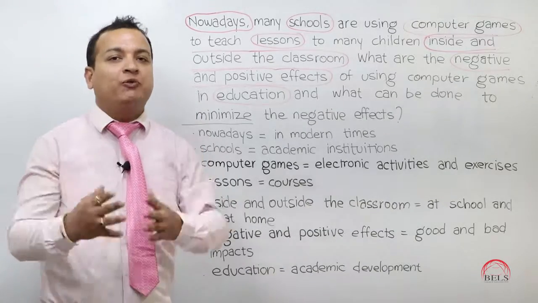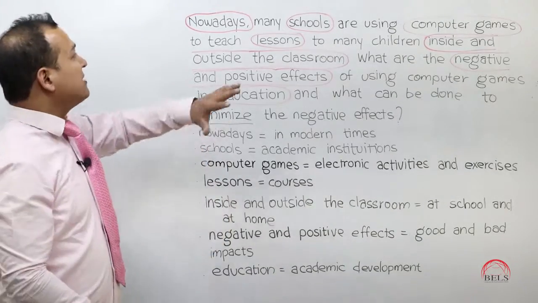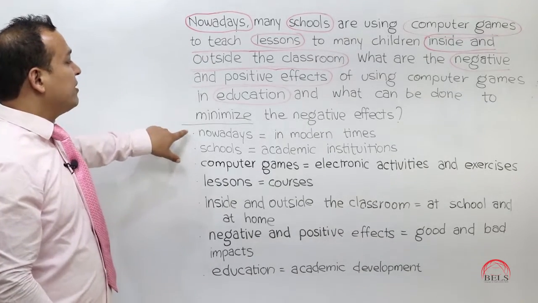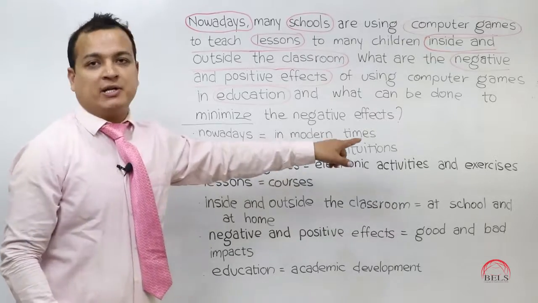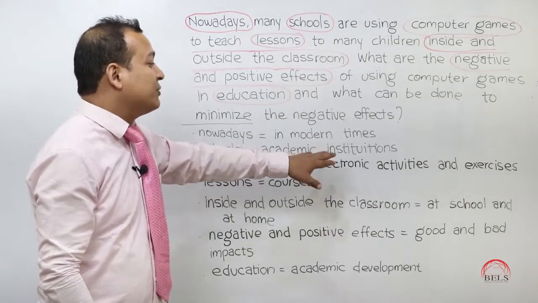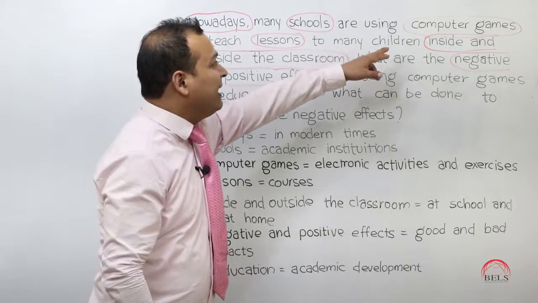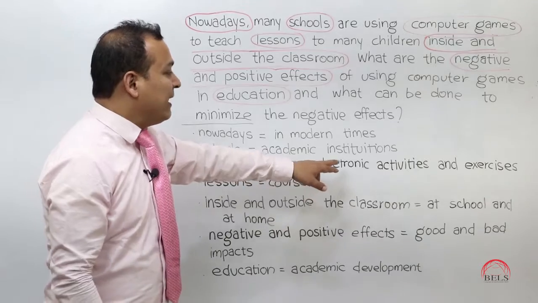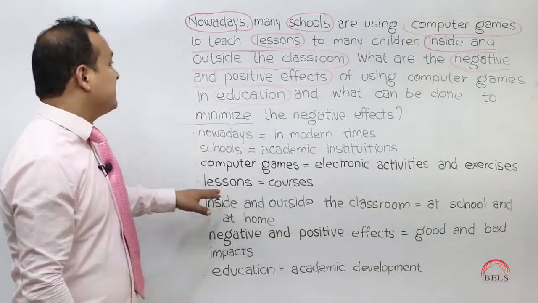Let's discuss now. Use of synonyms. First, we are going to circle the words like nowadays. I'm going to convert the word nowadays to modern time. Second is schools. I'm converting that to academic institutions. Number 3 is computer games. Computer games, I'm converting to electronic activities and exercises.